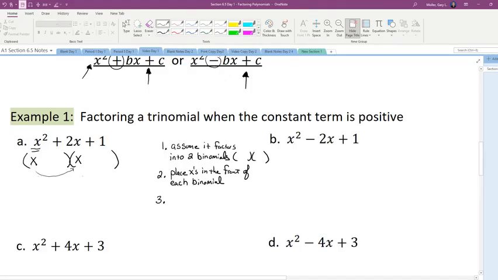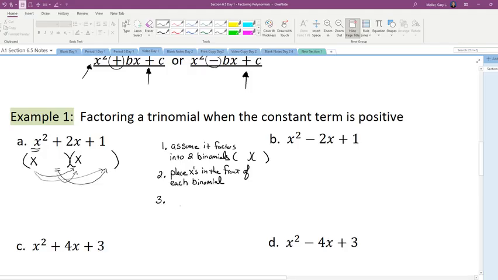Then we do x times something, and that's going to be something x. Then we take this number times x, and we get another something x. But the last step is we take this times this, and those will both be numbers. If we know that number happens to be 1, then what we're looking for in the back of each of these parentheses have to be numbers that multiply to be 1.